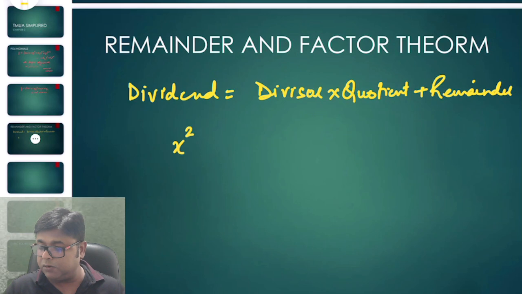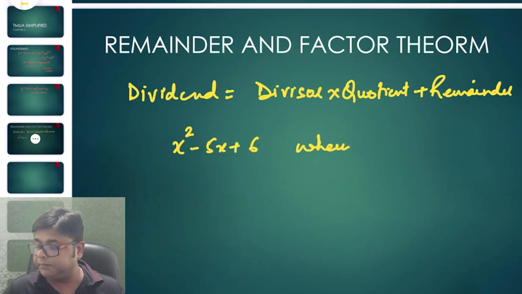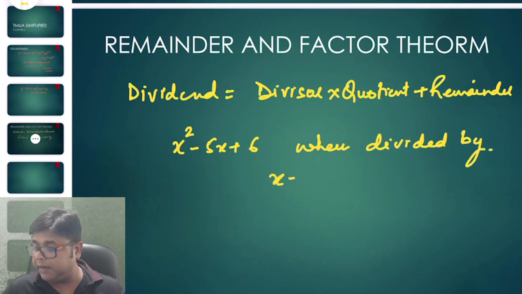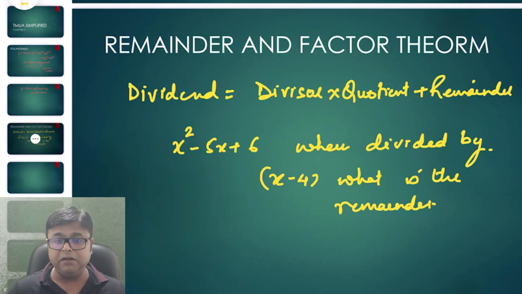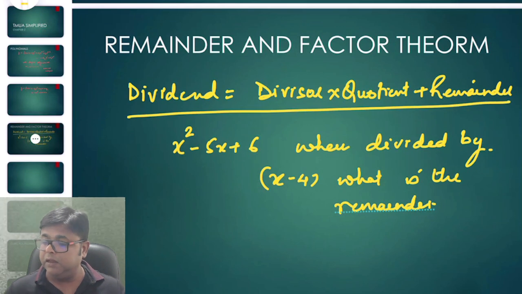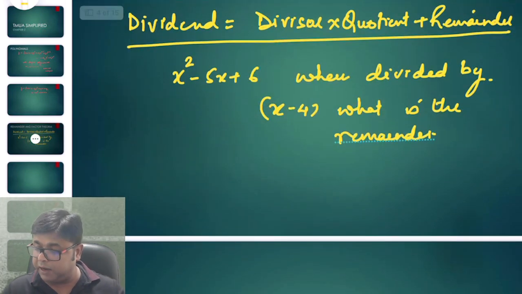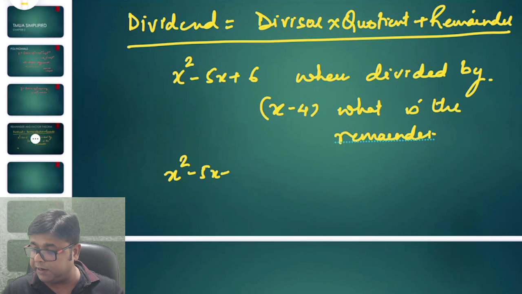So if I say x square minus 5x plus 6, for example, when divided by x minus 4, what is the remainder? I can perform the long division method to find the remainder, or I can use the remainder theorem. Using the remainder theorem, x square minus 5x plus 6 is the dividend, the divisor is x minus 4, into quotient plus remainder.